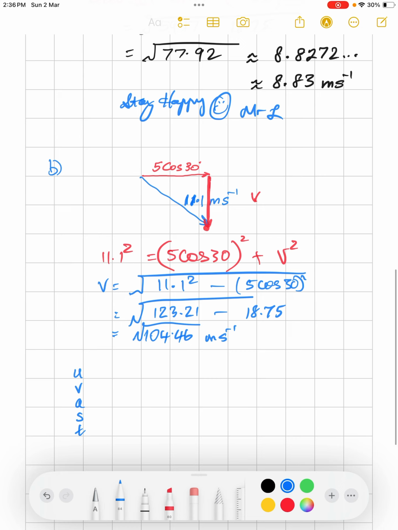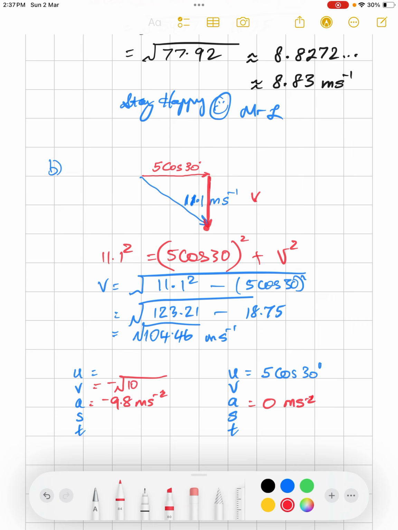And so we're dealing with UVAST. We've got our 5 cos 30 degrees. We know our acceleration is negative 9.8 meters per second squared. We've figured out our vertical is negative 104.46.